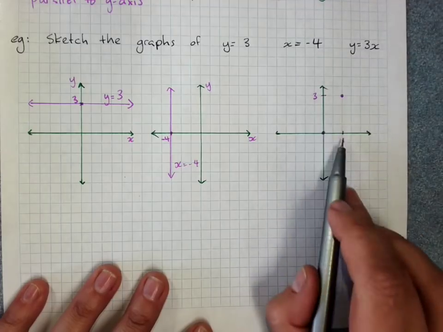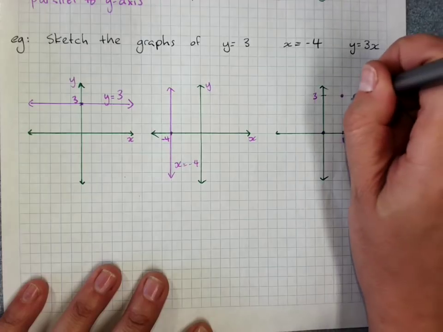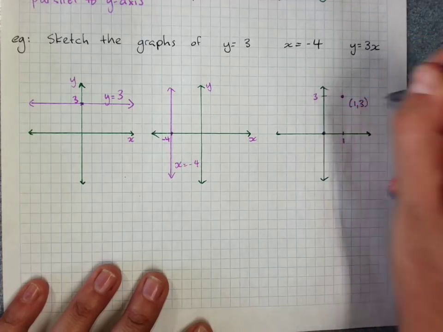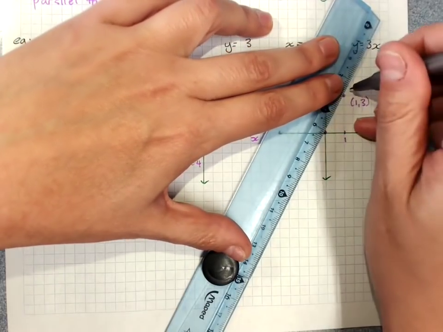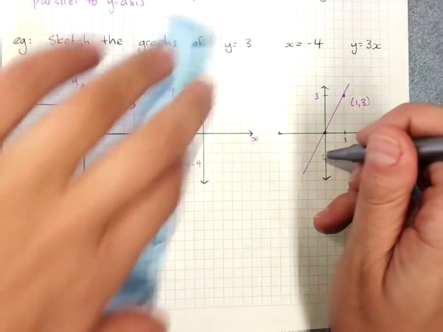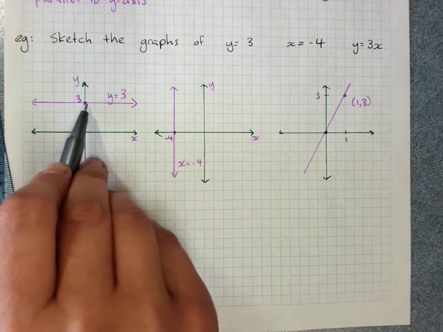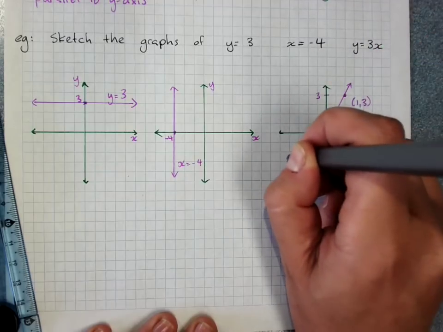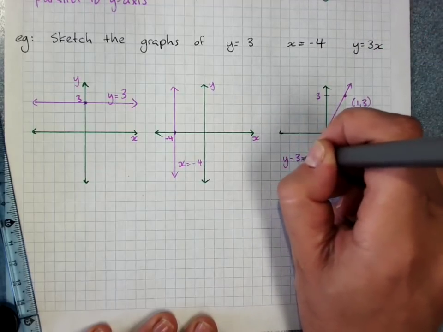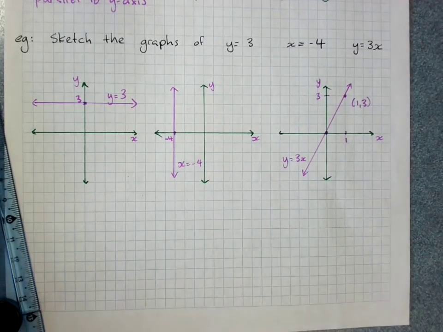Now I can say that the point has been shown by marking 1 and 3, or I can do (1, 3). Put your line through, making sure it takes up all of the graph. As I've been doing on these, you don't put this tiny little line just in the center. Arrows on the end, label it, y equals 3x, label your x and y axes, and use, of course, a ruler.